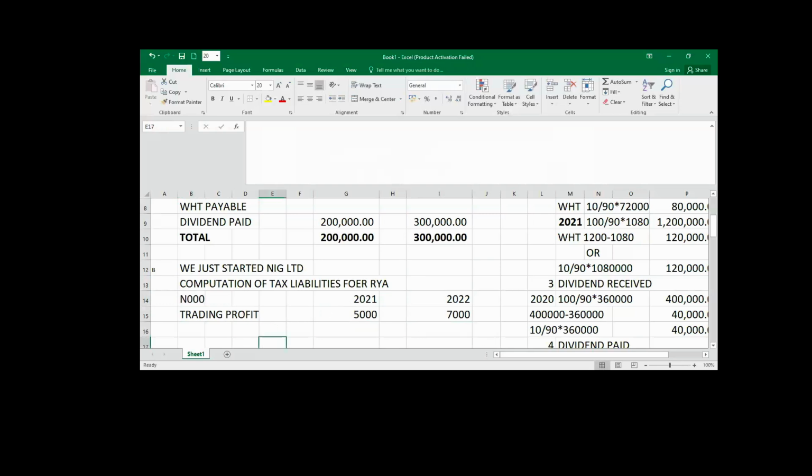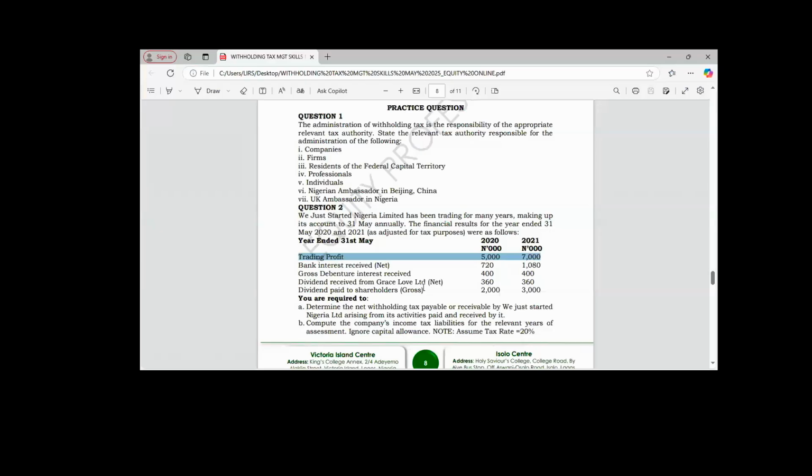After that, the next thing we have is bank interest received net. When they gave us this information, we are being given net. But the income of this taxpayer is gross income.